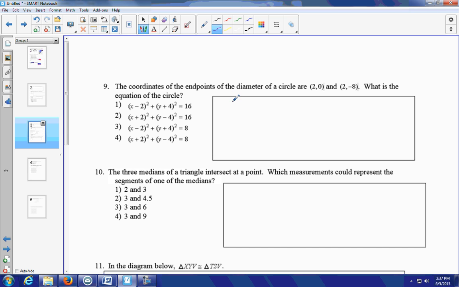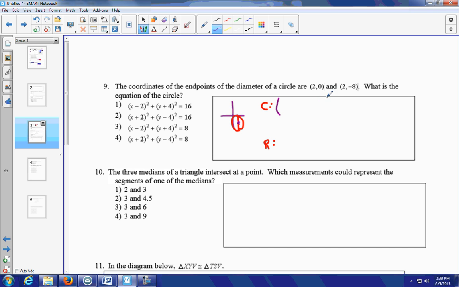Number 9 tells me the endpoints of the diameter. So I have 2, 0, and I have 2, -8. Those are the endpoints of the diameter of my circle. Now, when I have a circle, there's 2 things I need, the center and the radius. If I know the center and the radius, then I know the equation of my circle. To find the center, I need the midpoint.